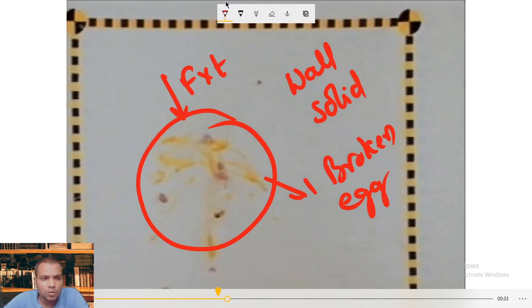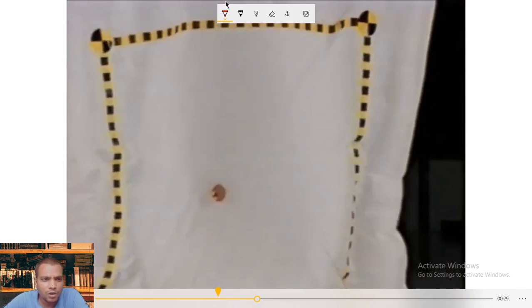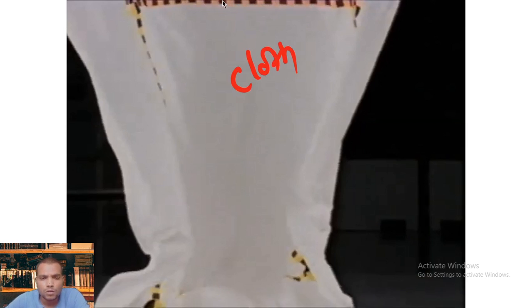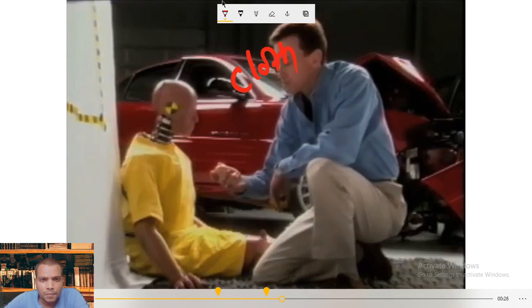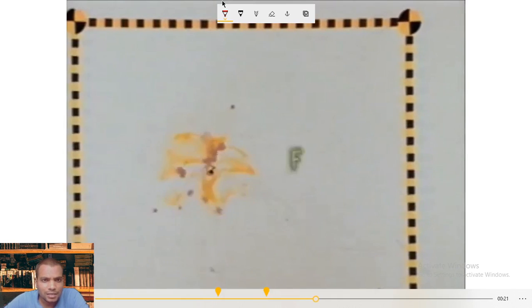And when we do the same thing differently, here you can see the wall is not solid. It's just a cloth. Now if you observe, the egg is saved. So what is the reason?